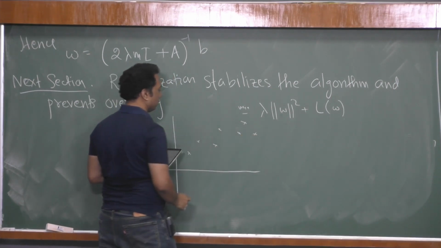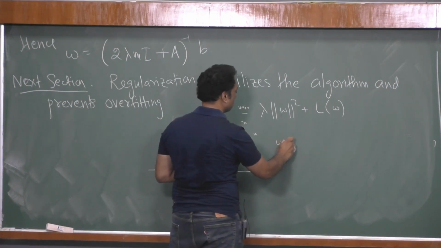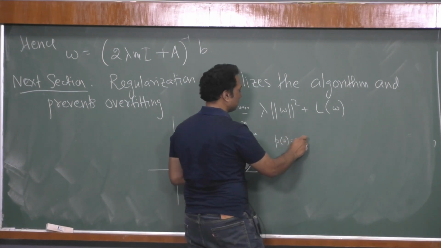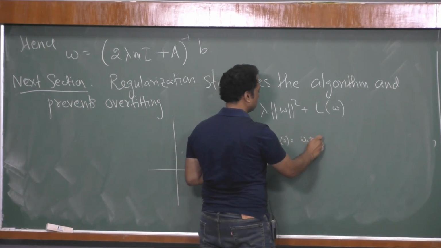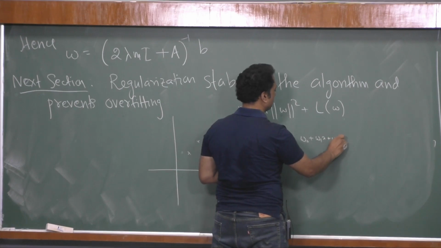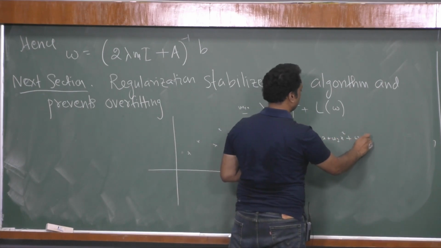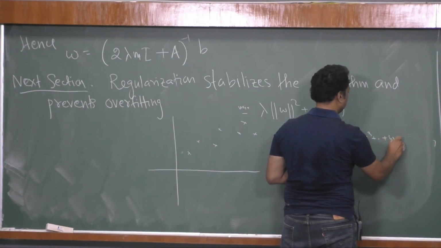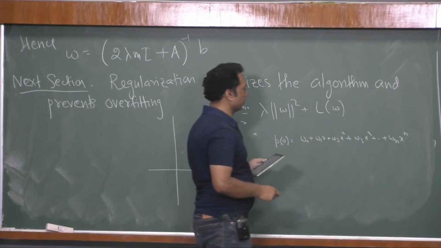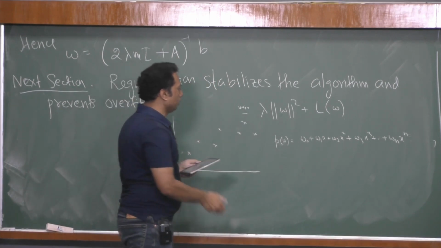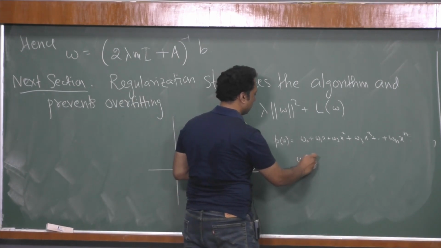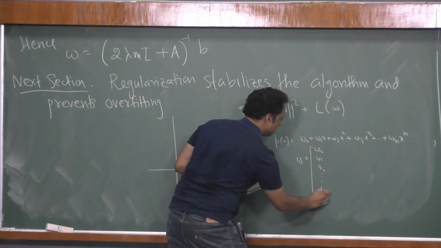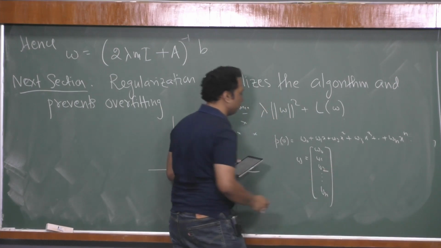Let us say the W are the coefficients of the polynomial, so P(x) is W0 plus W1 x plus W2 x squared plus W3 x cubed plus dot dot dot plus Wn x to the n. So the weight vector of my model is this vector W0, W1, W2, up to Wn that I am trying to learn.